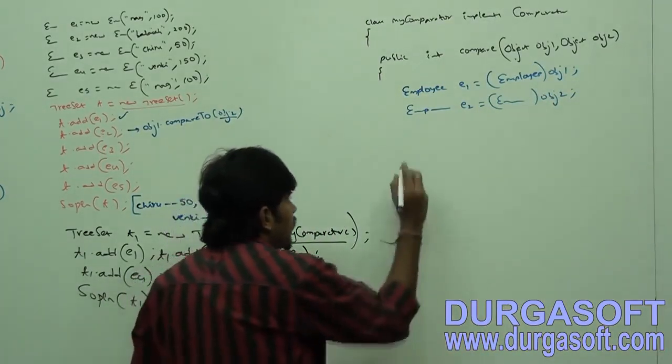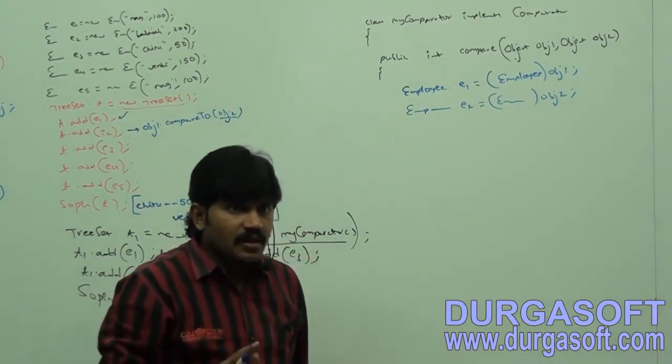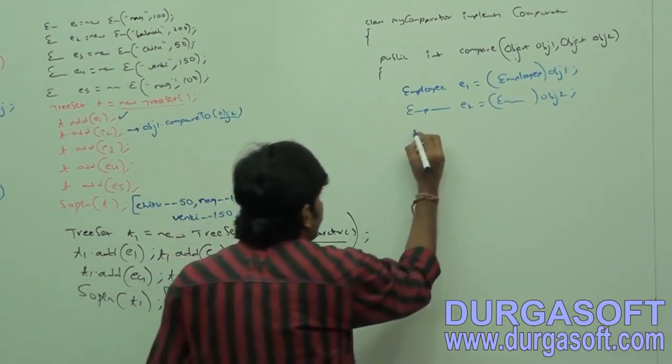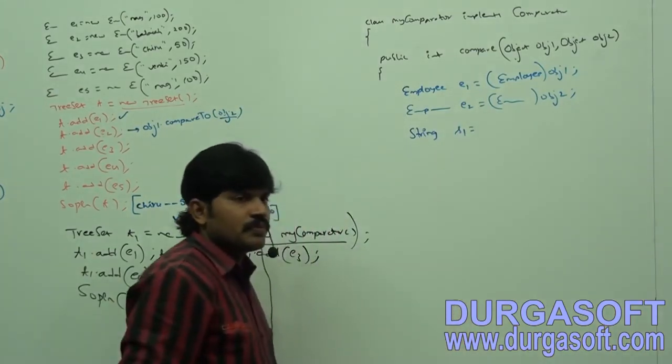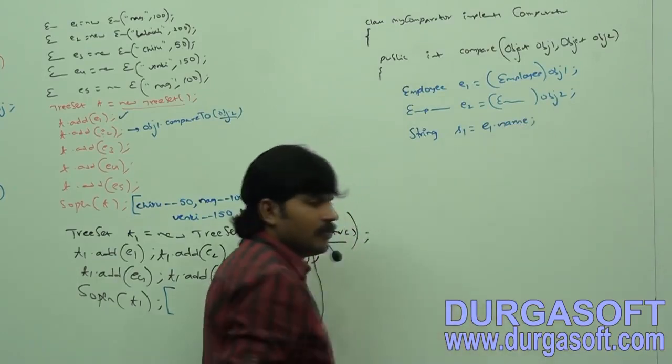Next, we have to sort based on alphabetical order of their names. That's why String s1 is equal to e1.name, the first employee name.